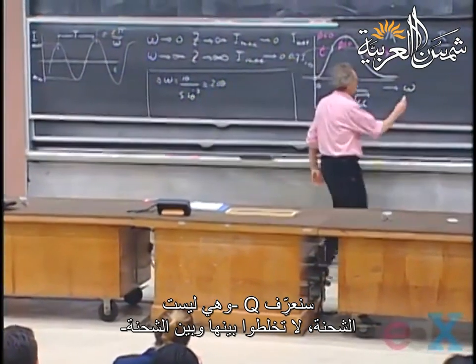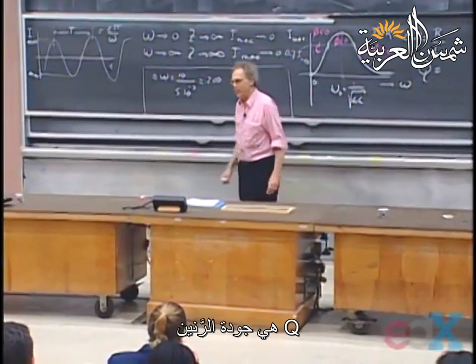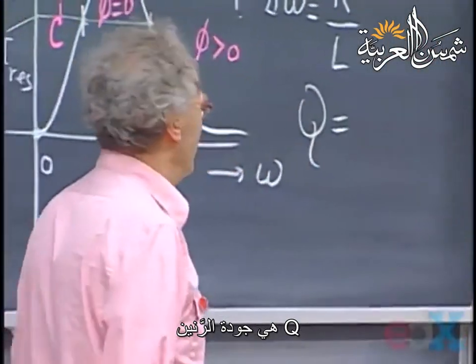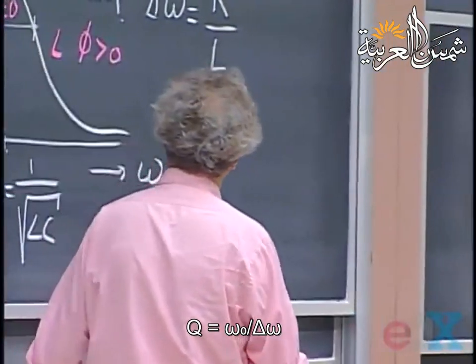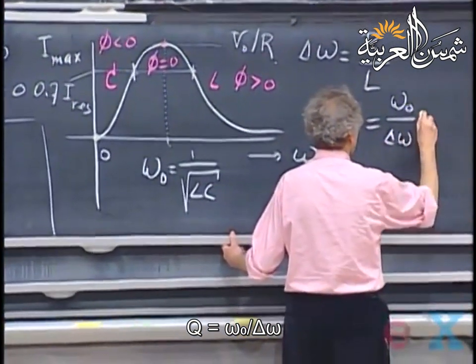We define Q, not as charge, don't ever confuse that with charge. We call it the quality of the resonance, and the quality is defined as omega 0 divided by delta omega.